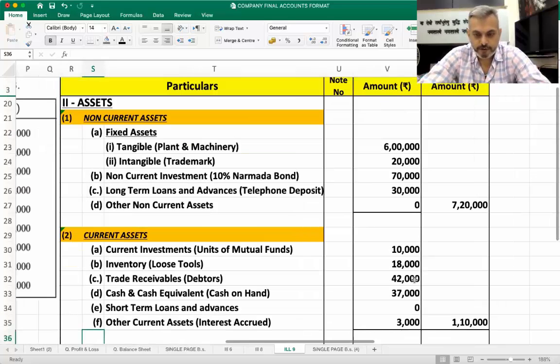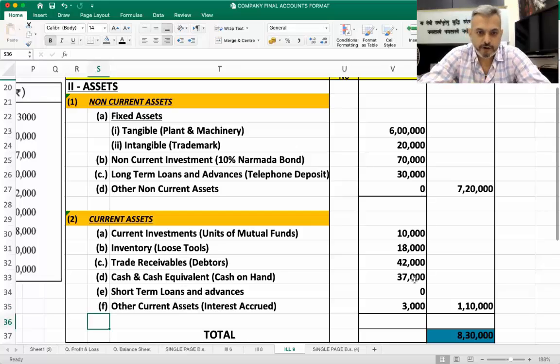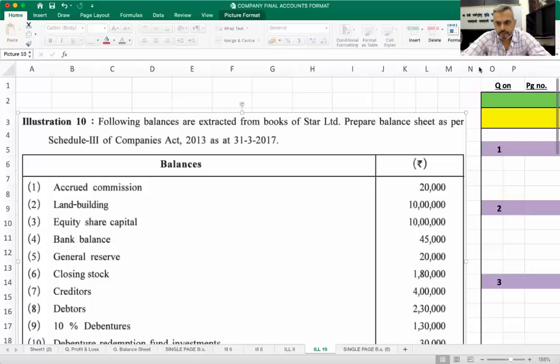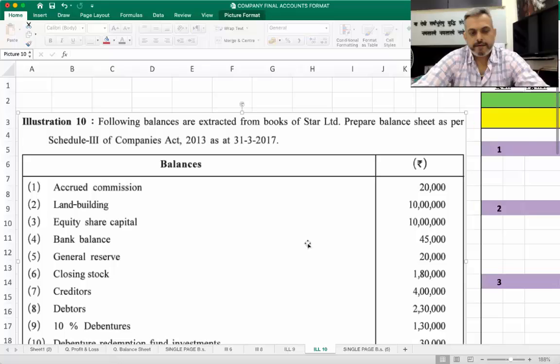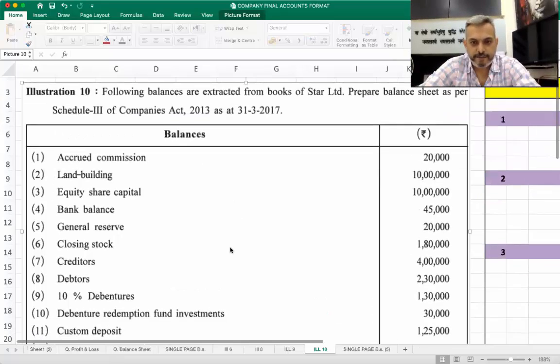See if you have any doubt, any term which you are not able to understand, anything. If not, then extremely important sum, illustration 10. Please make the format and go through the main format of balance sheet once again. Please mark this sum, illustration number 10, extremely important for exam.